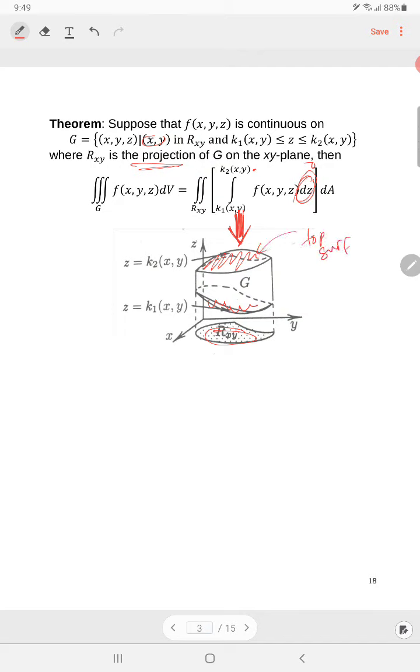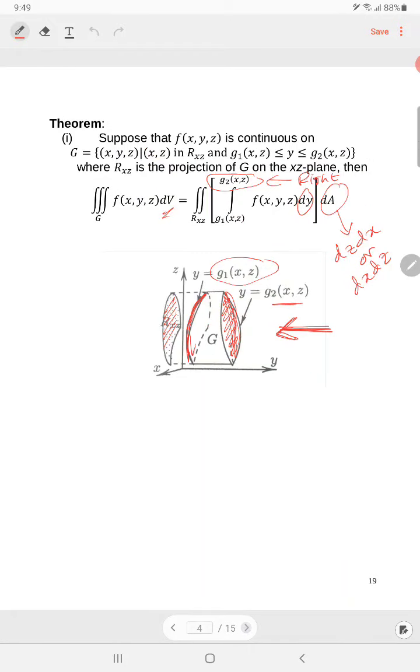Once you replace z with the upper and lower limits, your dA here can be either dy dx or dx dy. But if your solid has one right surface and one left surface, then you should integrate with respect to y first. The upper limit for y would be the right surface, and the lower limit for y would be the left surface.